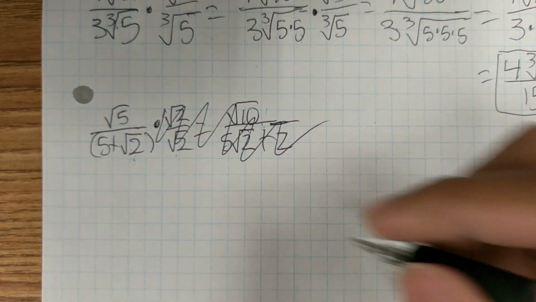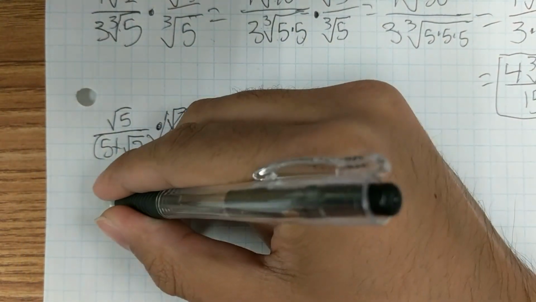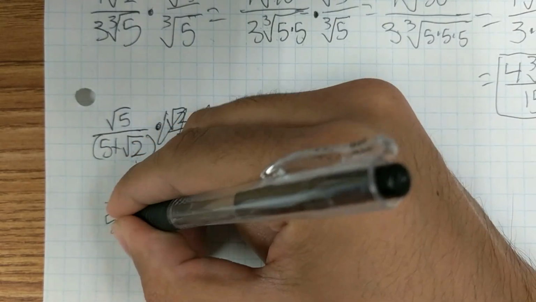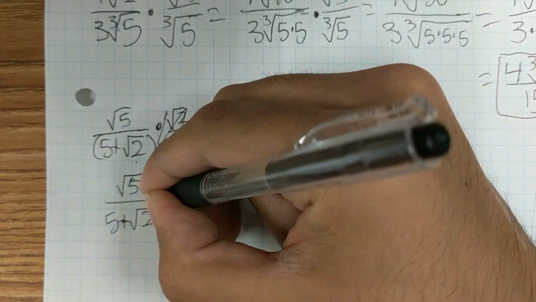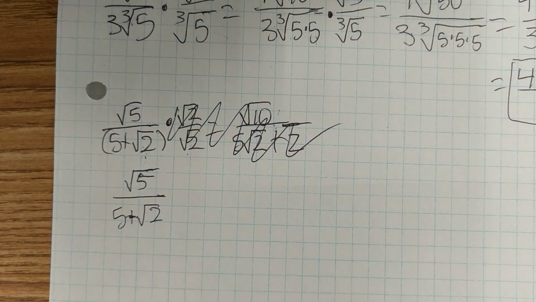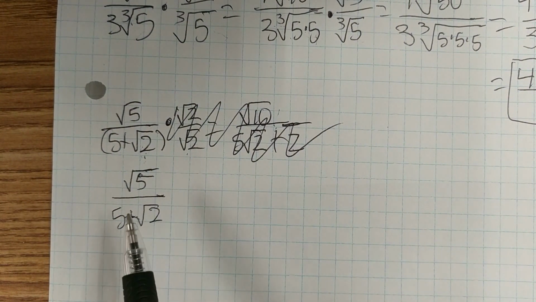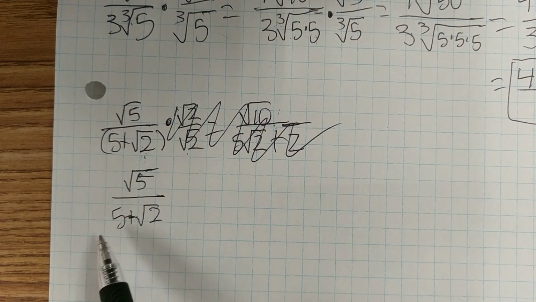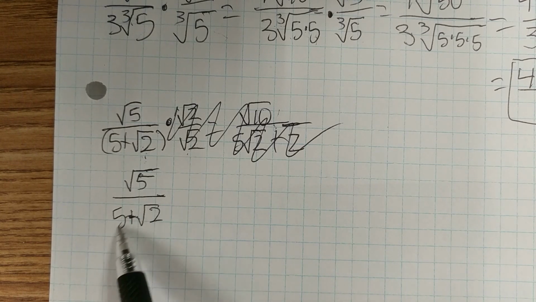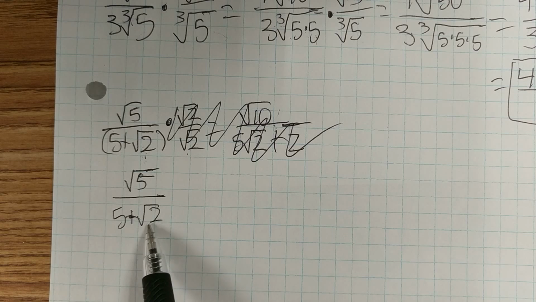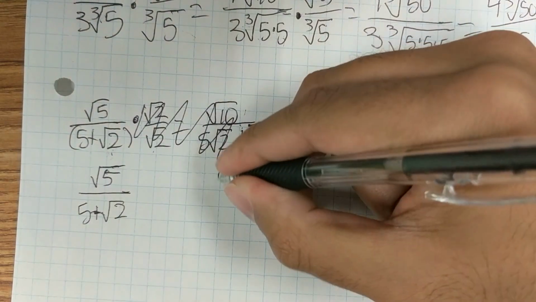Okay, so here's what we will do instead. So let me recopy the problem down. Okay, so whenever the denominator is first of all a binomial, two terms separated by a plus or a minus, and there's a radical involved, you need to multiply by something called the conjugate.